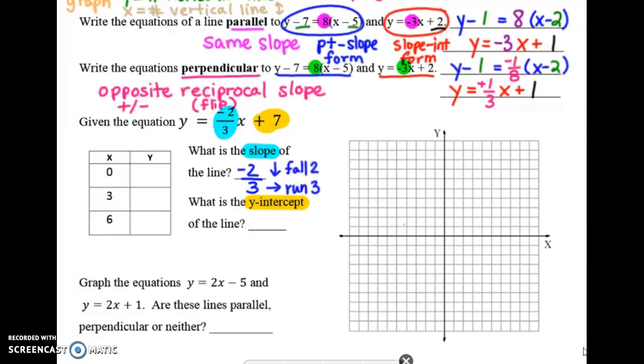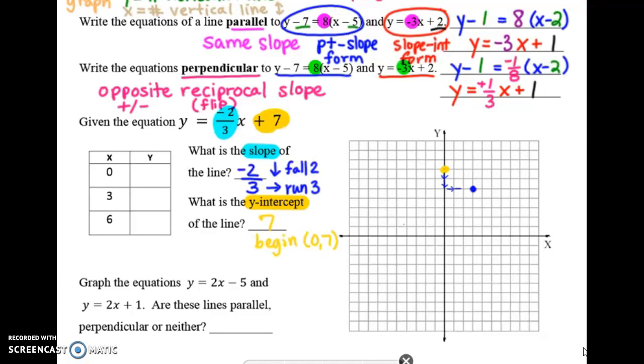As for the y-intercept, it comes after the plus or minus sign, depending on whether it's positive or negative. So the y-intercept can be written as 7 or 0, 7, since those are the coordinates of the point for the y-intercept. You'll begin at 0, 7, going up 7 from the origin. The slope will fall 2 and run 3.